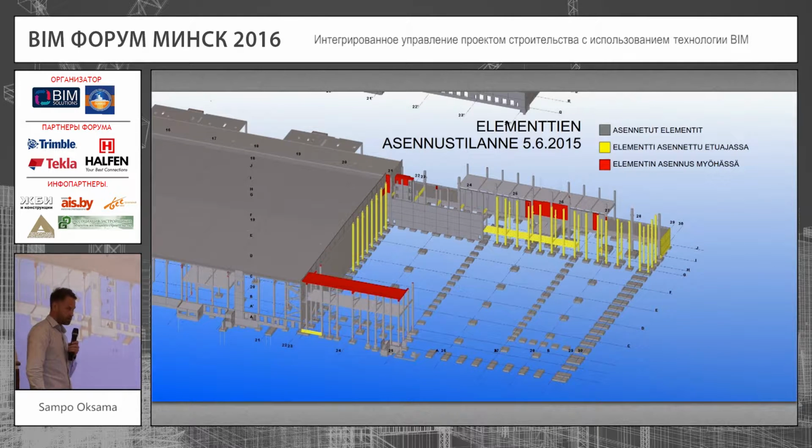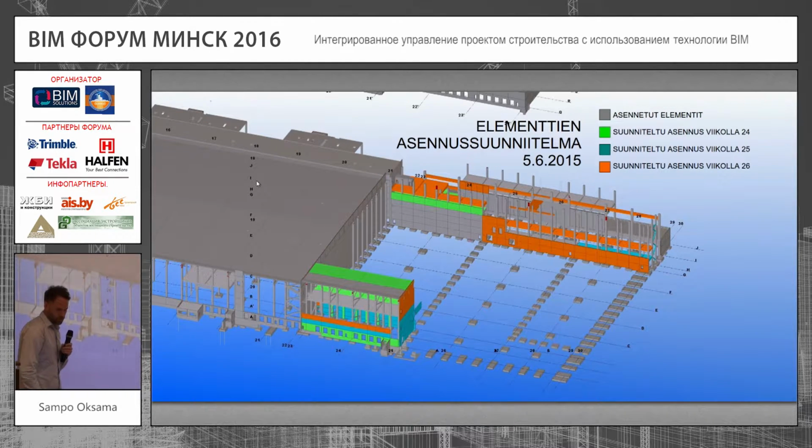The green ones are already installed, the yellow ones are ahead, and the red ones are late. So they can immediately see what's happening in the project. And this kind of visualization they show to the owner. This is made by Skanska together with fabricators and the designers. So everyone in the project could easily see what's happening, are we on time?